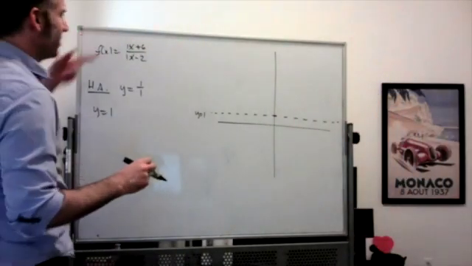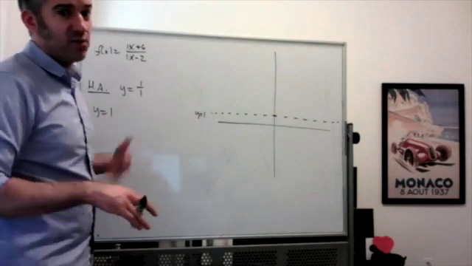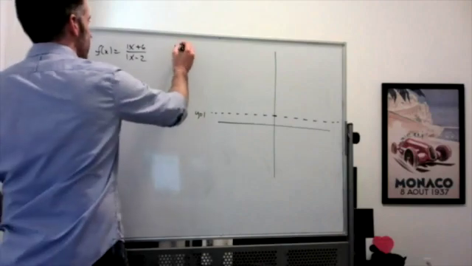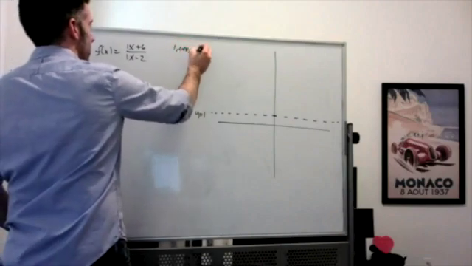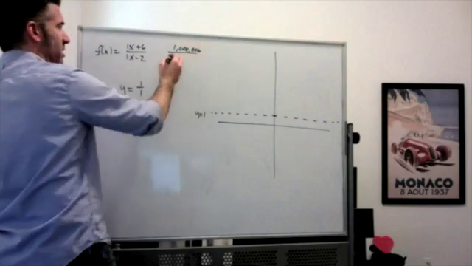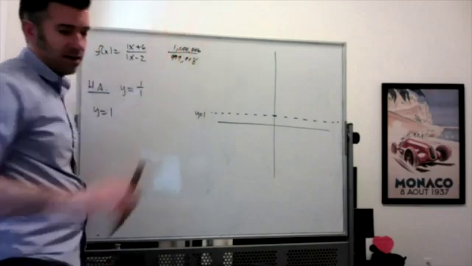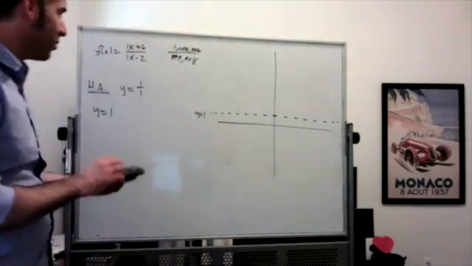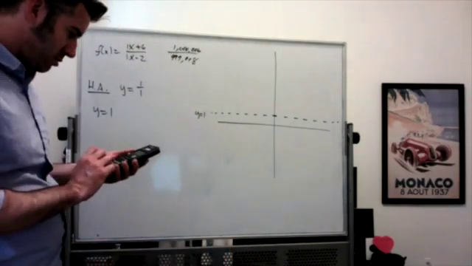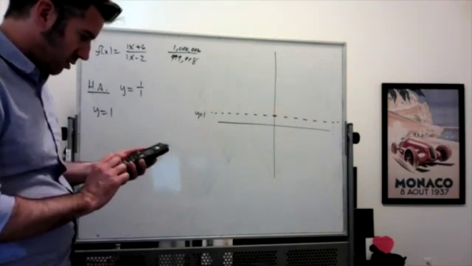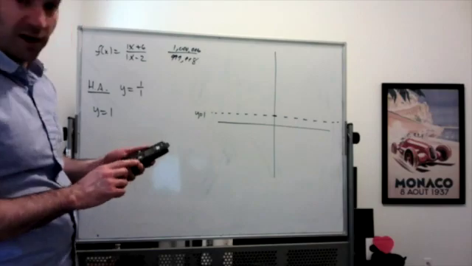If you've got x plus 6 divided by x minus 2, and x is really, really large, like x is a million, then a million plus 6 divided by a million minus 2 is 1,000,006 over 999,998. That number is really close to 1. It's not equal to 1, but it is equal to about 1.000008.